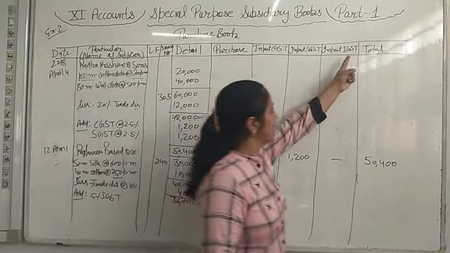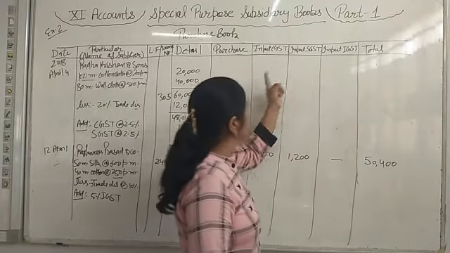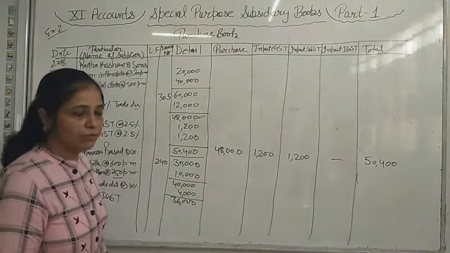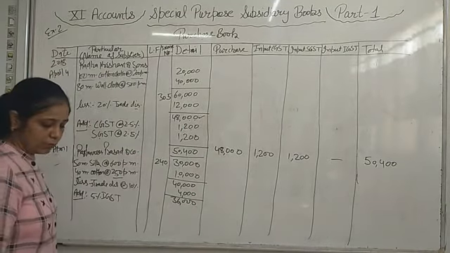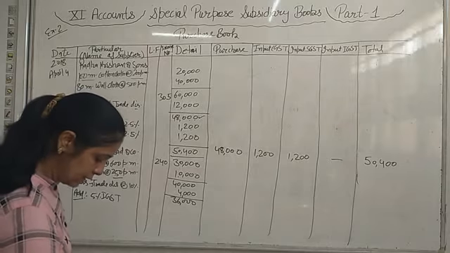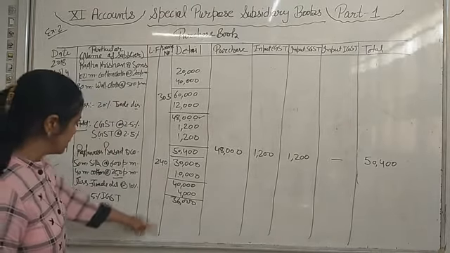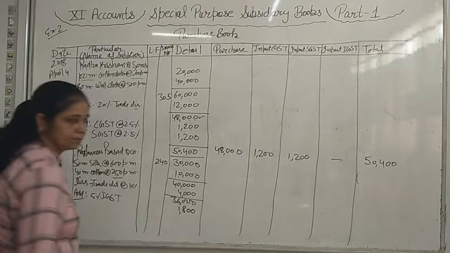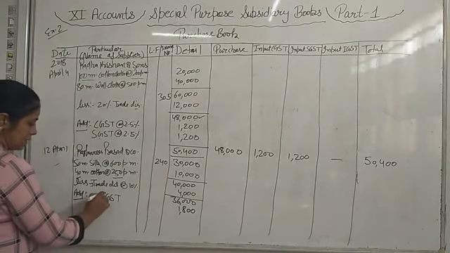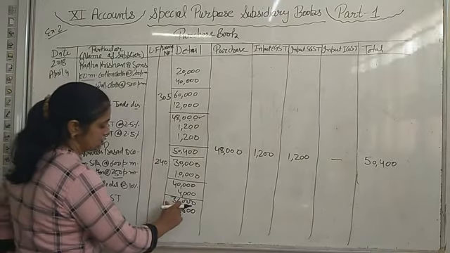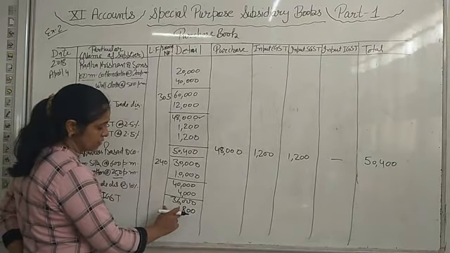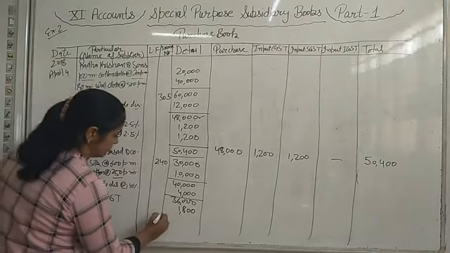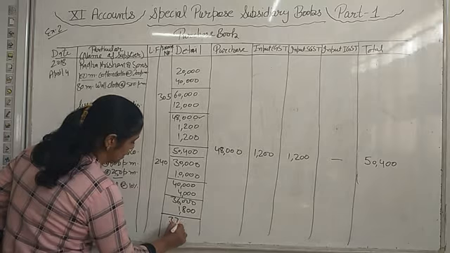The rate of IGST is always equal to the total of CGST and SGST, 2.5 and 2.5. So 5% IGST of 36,000 will come to 1,800. अब इसको कैसे आप इजी calculate करोगे? 10% of this is 3,600 and for 5% take half of 3,600, it's 1,800.